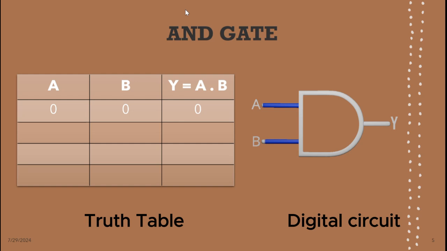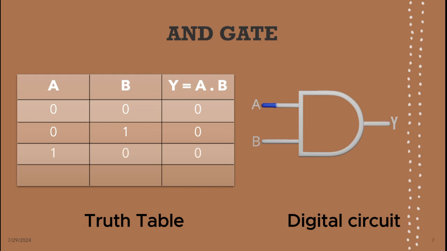So let's see the first combination. For example, if the variable A value is 0 and variable B value is 0, then the output would be 0. In the same way, if variable A value is 0 and variable B is 1, then again, if we multiply 0 by 1, the output would be the same, 0.